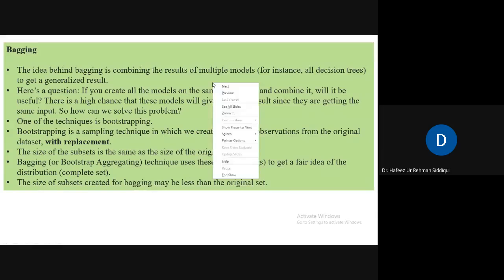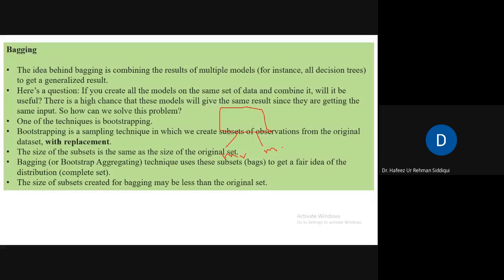No, it will not make any improvement if you have the same data set and the same model, M1.